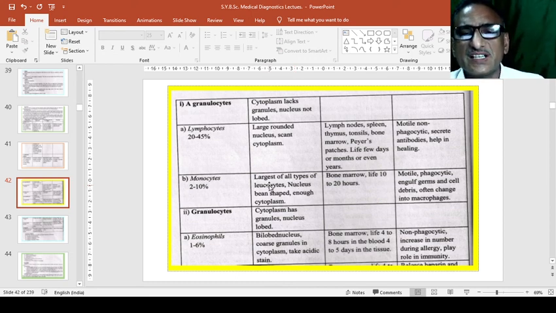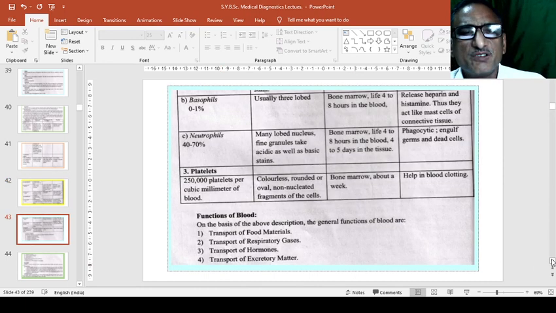Whereas in granulocytes, the cytoplasm has granules and the nucleus is lobed. For example, eosinophils are binucleated, formed in bone marrow and non-phagocytic in function, whereas basophils are three-lobed, formed in bone marrow, and release heparin and histamine.